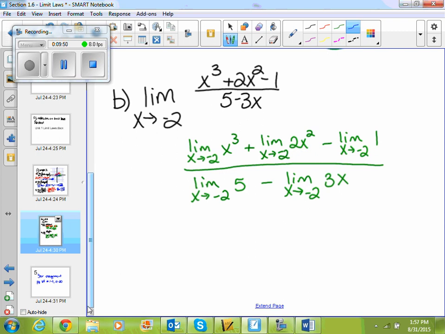Basically I just distributed my limit. And then once we do that, we can use direct substitution to solve.